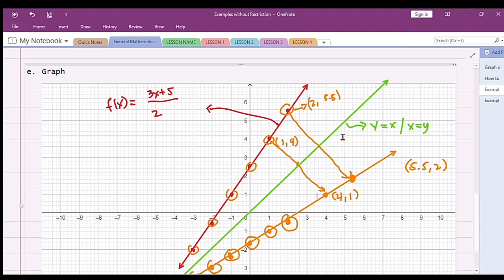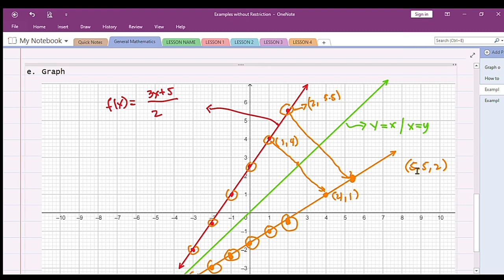Kung gusto nyo, pwede nyo gamitin yung mirror. Kuha kayo ng mirror and then ilagay nyo dito sa line of symmetry. Then, as you trace that line, makakaroon kayo ng reflection dito sa kabila. So, that is on how to graph the inverse of the function.